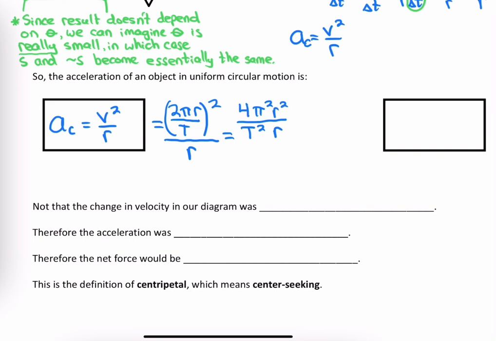So I can cancel out one of those, and therefore can rewrite this as 4 pi squared r over t squared. So there are two ways I can write the formula for centripetal acceleration: v squared over r, or 4 pi squared r over t squared.